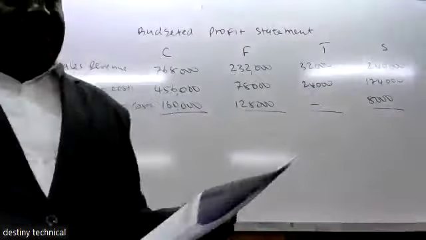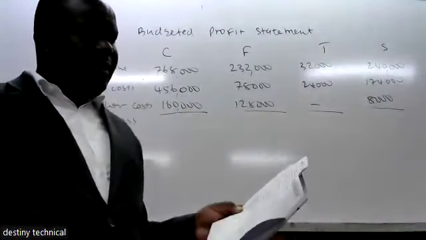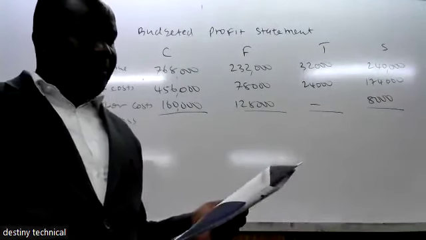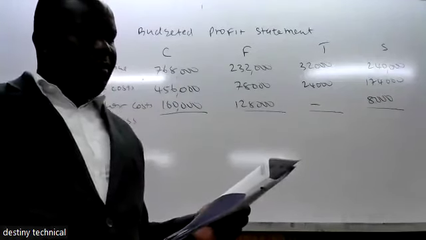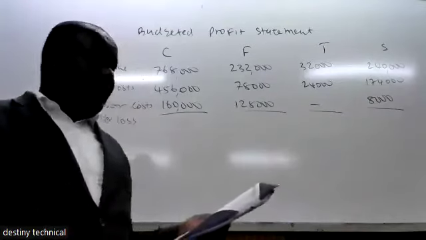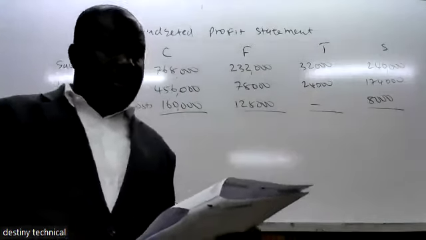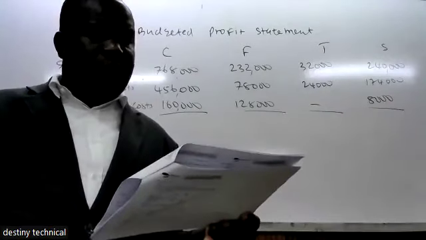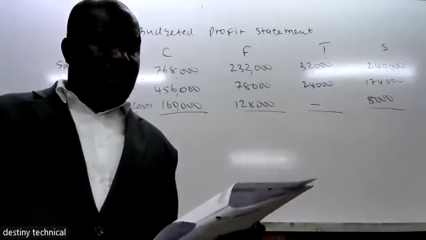Then note number 3, they have said that an alternative strategy is being proposed so as to sell all the 4 products at the split off point, without further processing. So if this was done, the selling price obtainable will be as follows.